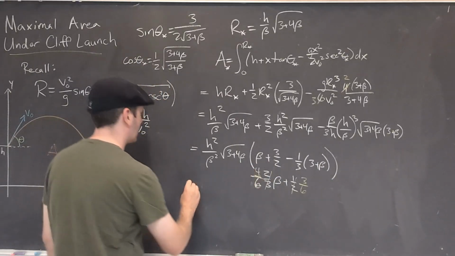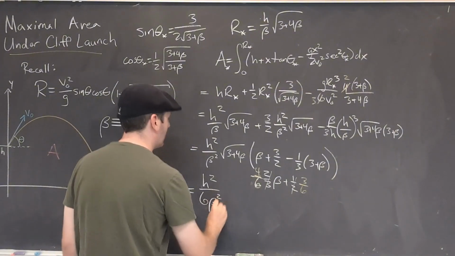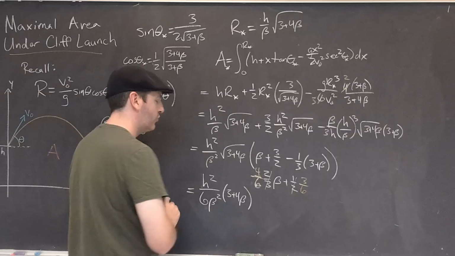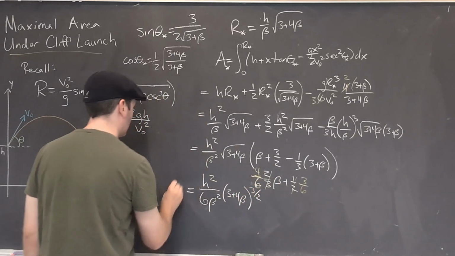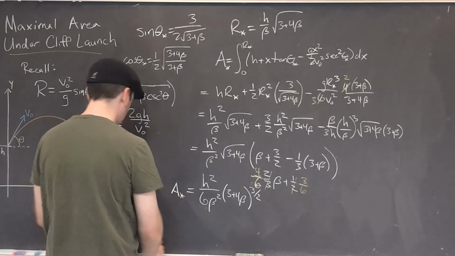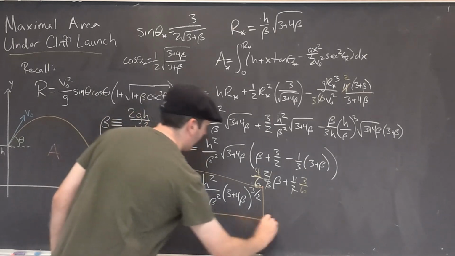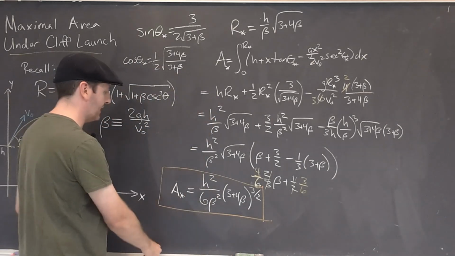It's just all over 6. So my final answer here is going to be h squared over 6 beta squared, and then 3 plus 4 beta, I got a root of that here and then a first power here, so this will be to the 3/2 power. That is my maximal area under this projectile launched from a cliff, depending on beta.